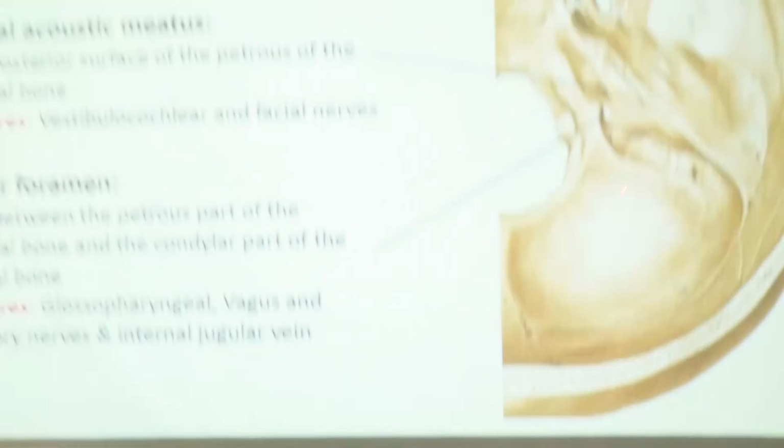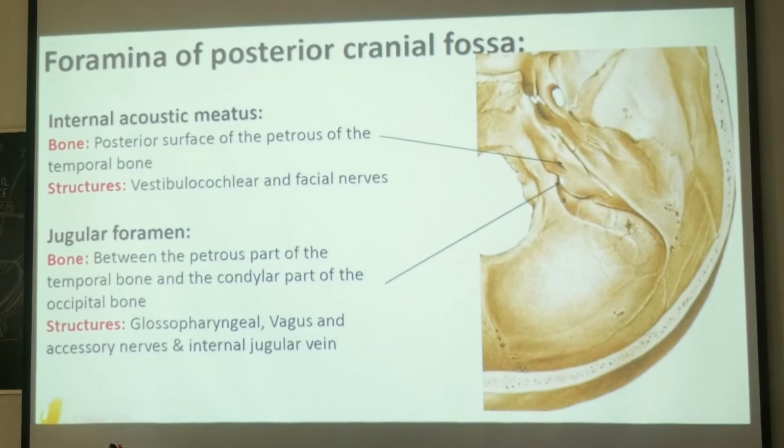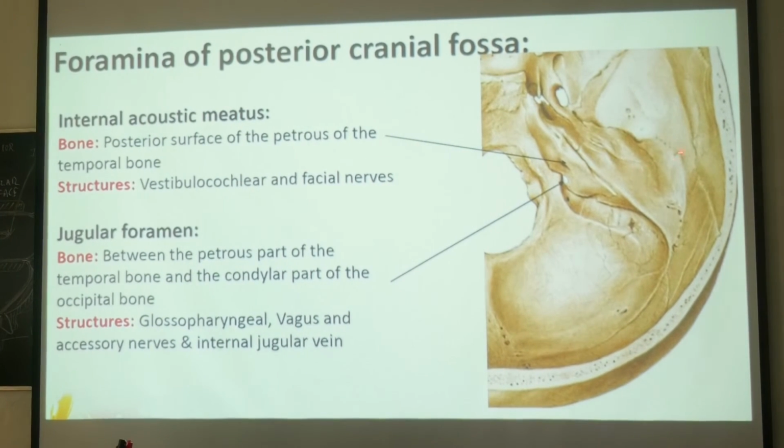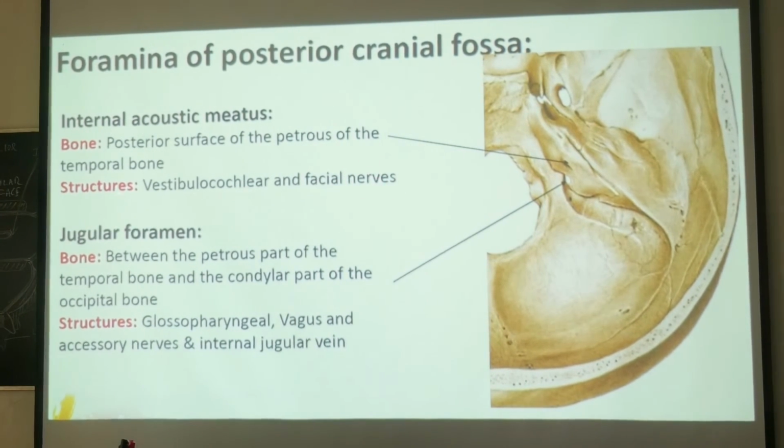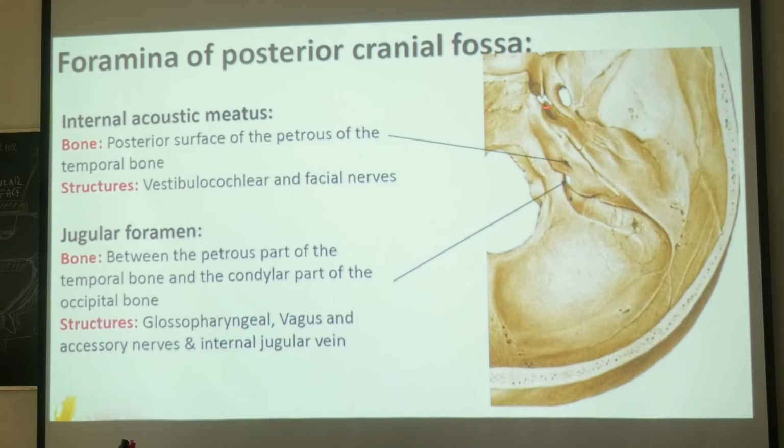Next is internal acoustic meatus. This opening, this foramen you can see, lies within the petrous part of the temporal bone, that is known as internal acoustic meatus. It is lying on the posterior surface of the petrous part of the temporal bone, and structures passing through it are the 7th and 8th cranial nerves. 7th is facial nerve, vestibulocochlear is 8th cranial nerve.